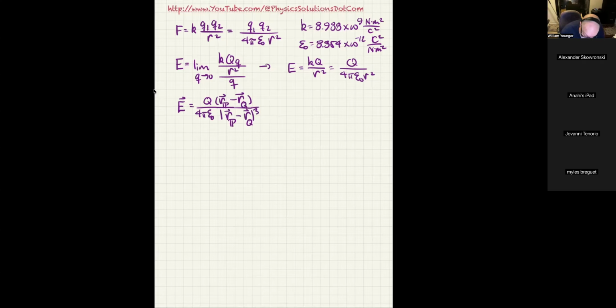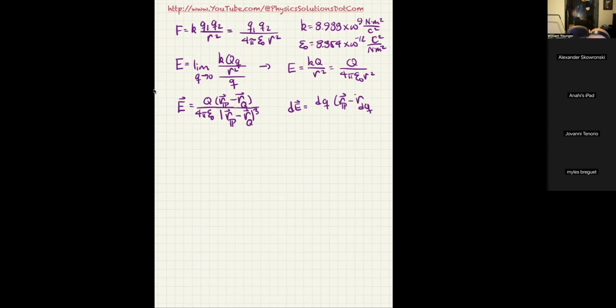And then if we were wanting to just use a continuous charge distribution, then we'd say the differential electric field is equal to dq times rp minus r dq.